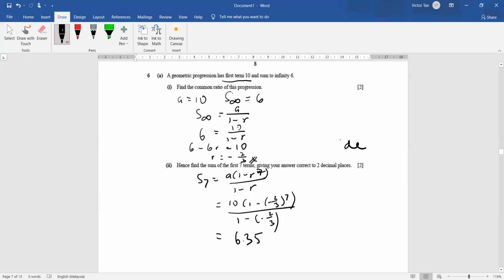I made a mistake. That's possible because the ratio is a negative value. Okay, this is correct.